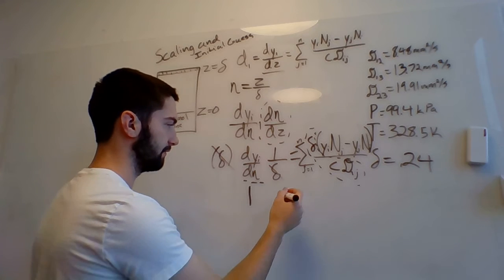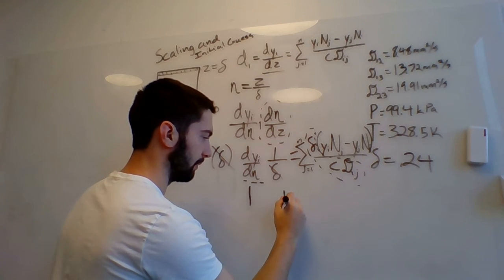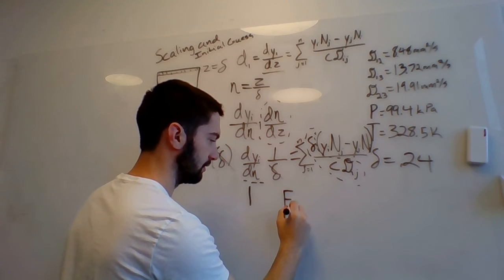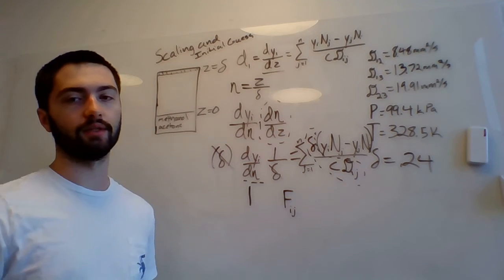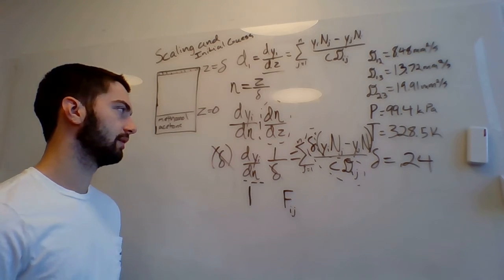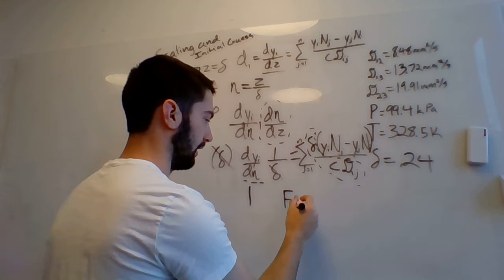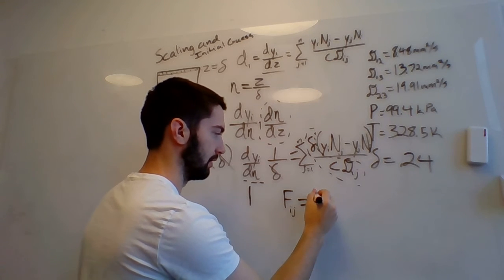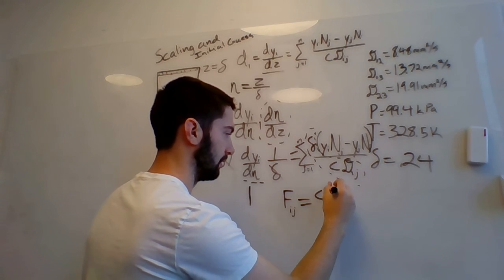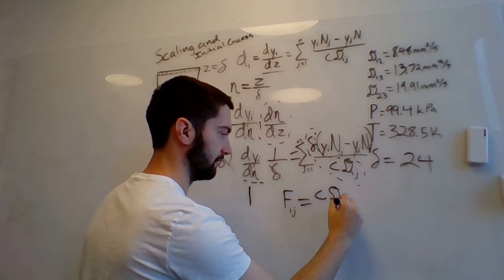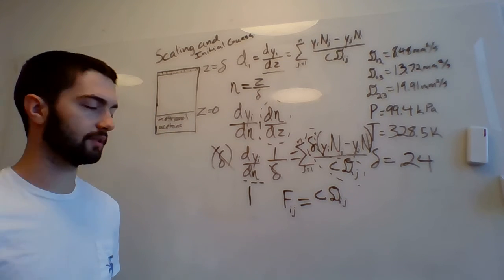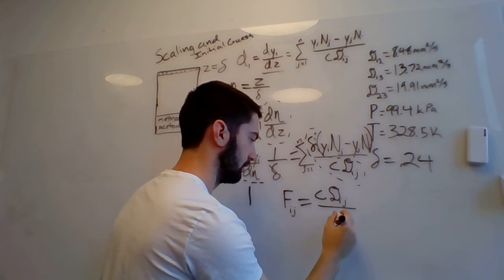We're going to call that f, and we want to keep this new constant on the denominator. So f is going to be equal to the concentration times the Stefan-Maxwell diffusivity for the two components over delta.